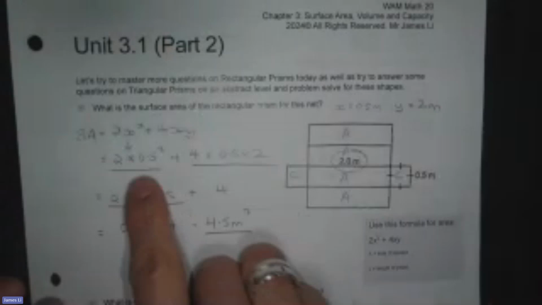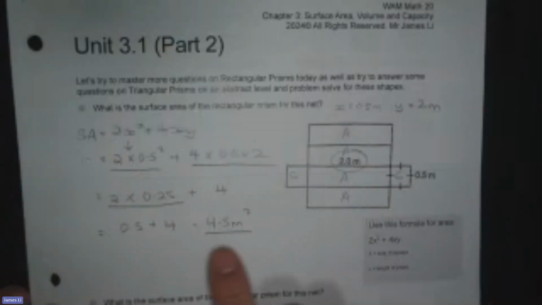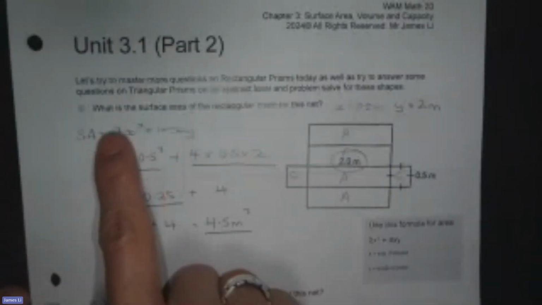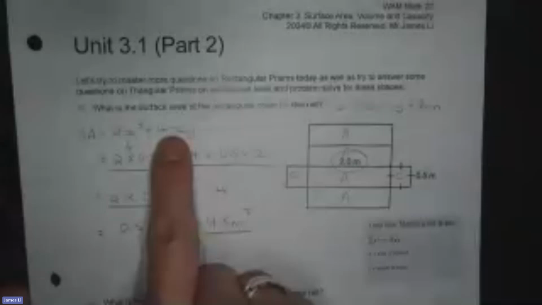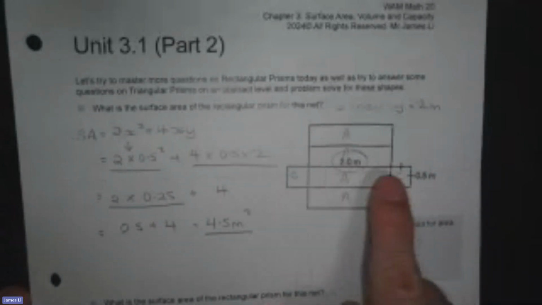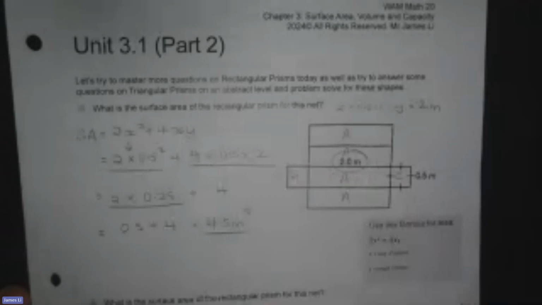Now, this method is for the flower question, and this formula is only for a rectangular prism where the sides are perfect squares. If I can venture to draw it for you, it will look like this. Imagine a square, and there you go.